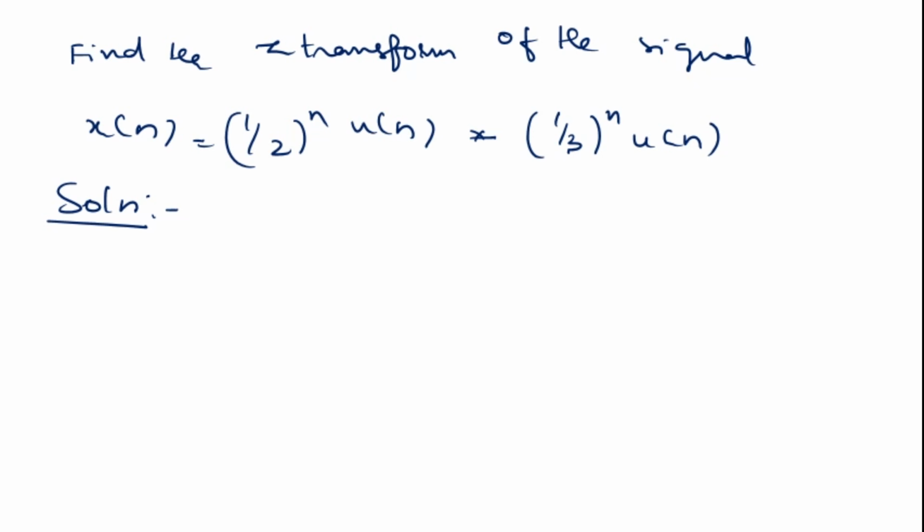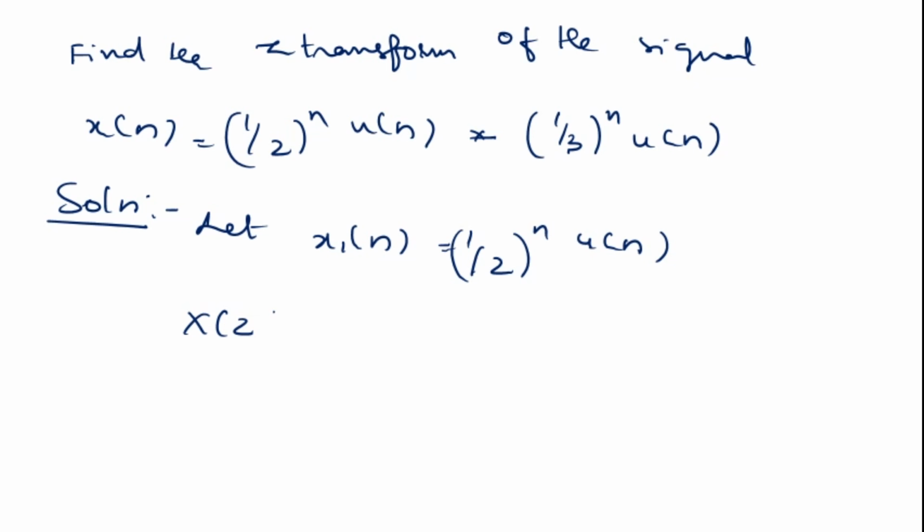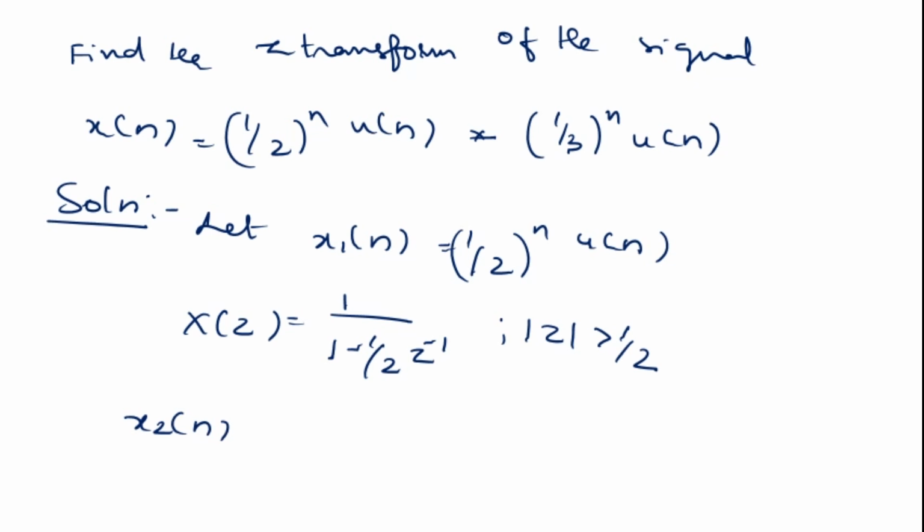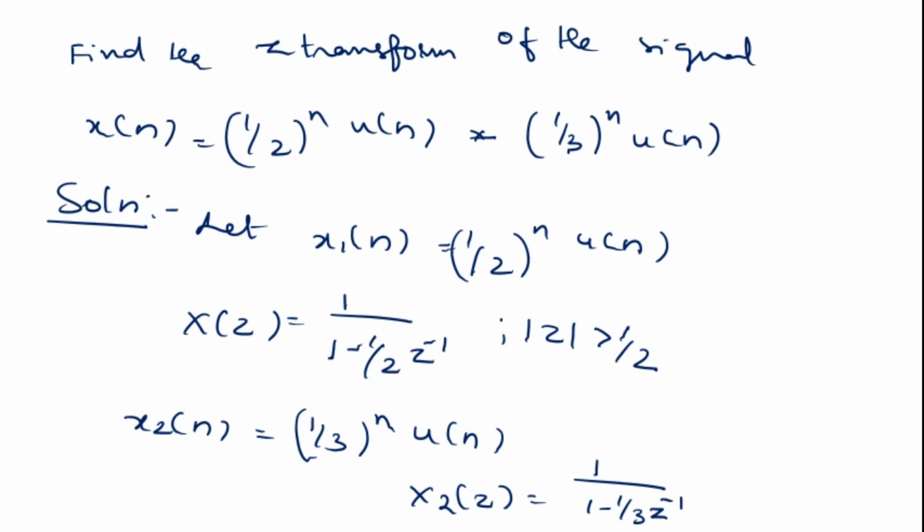Let x1 of n is equal to half to the power n into u of n, then x1 of z is equal to 1 divided by 1 minus half z inverse, with mod z is greater than half, and x2 of n is equal to 1 by 3 to the power n into u of n, then x2 of z is equal to 1 divided by 1 minus 1 by 3 z inverse, with mod z is greater than 1 by 3.